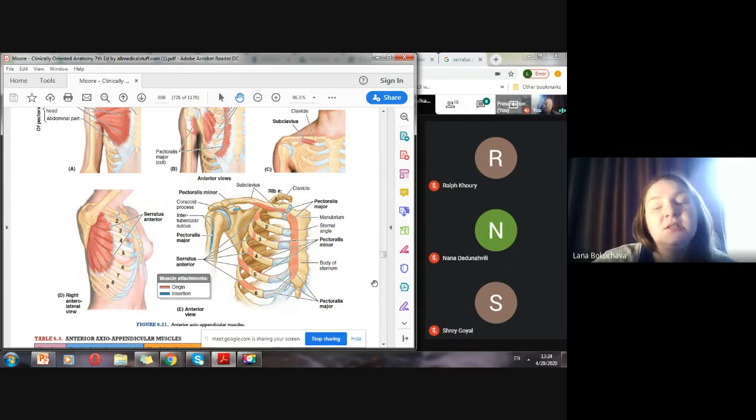In this case, imagine that all of these fibers are contracting, and what they will be doing, they will be pulling the part of the scapula towards the ribs, yes? As a result, this movement is what we call, if you remember, when we covered the introductory portion, we talked about the protraction and retraction of the scapula.